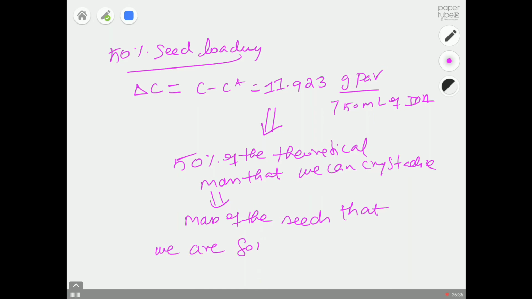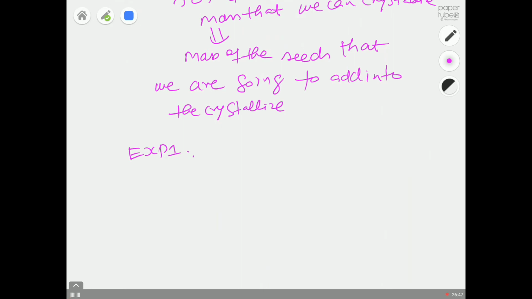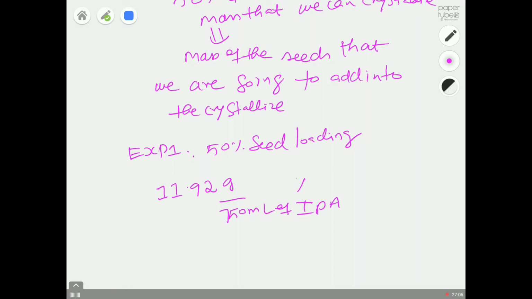In experiment 1, I said we used 50% seed loading, which means the amount of seeds that we added will be equal to 11.923 grams per 750 ml of IPA multiplied by 50 by 100.